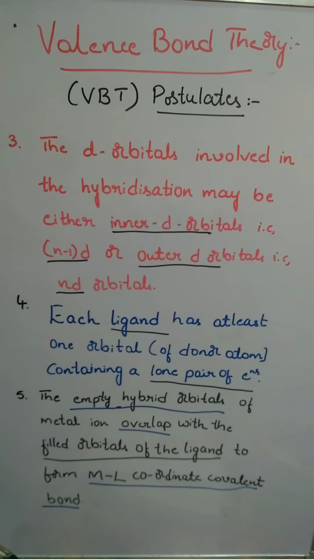Only one complex among the 4 will be given. We should explain its hybridization, magnetic properties, and how it forms bonds with the ligands, whether it is an inner orbital or outer orbital complex, what the hybridization is, and what the geometry is. Each carries 3 marks.